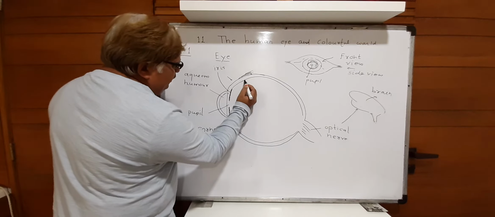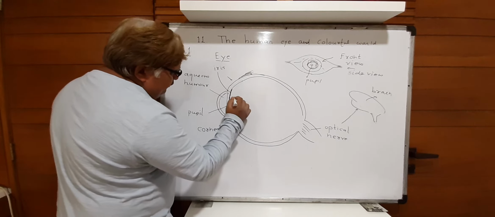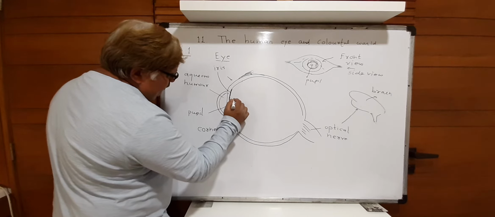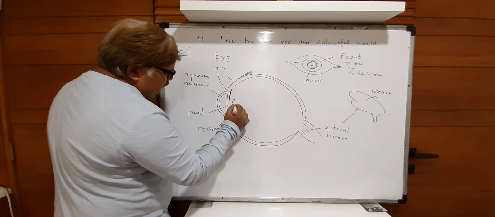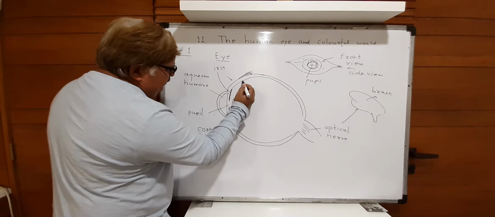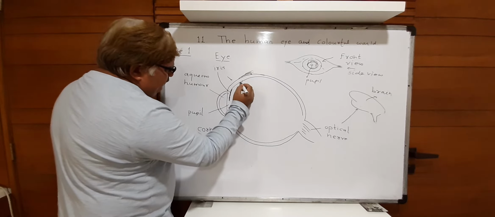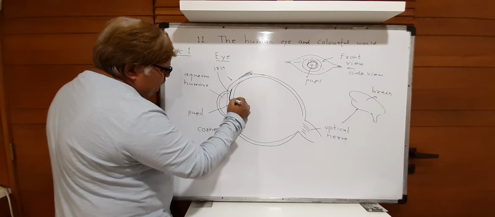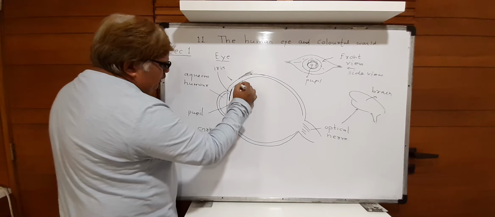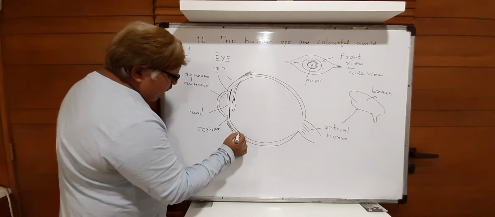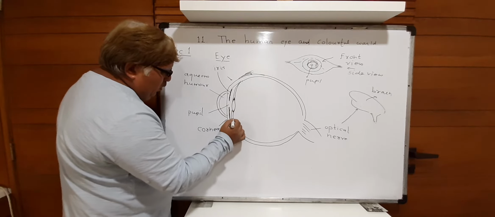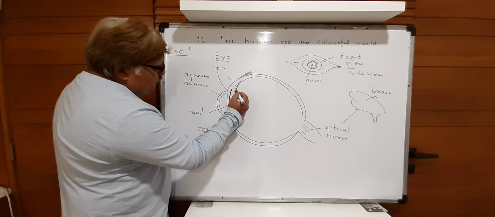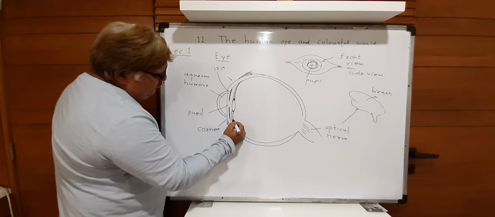Now, from here, first let me show eye lens. This is fibrous jelly-like eye lens, but it is attached with ciliary muscles. As these are ciliary muscles.